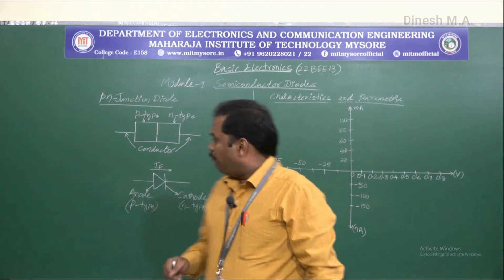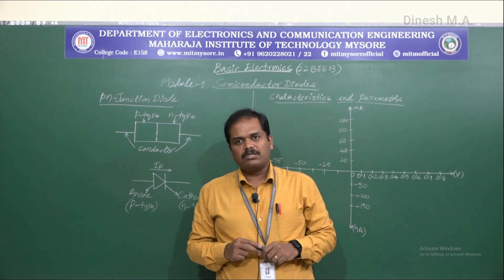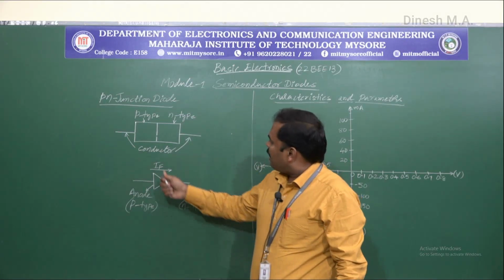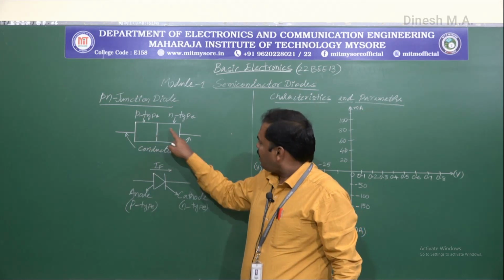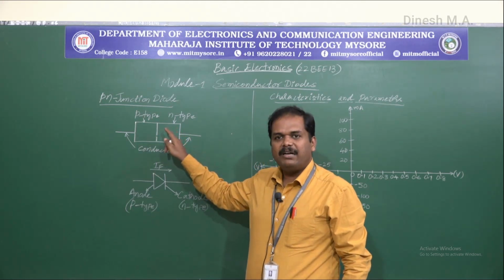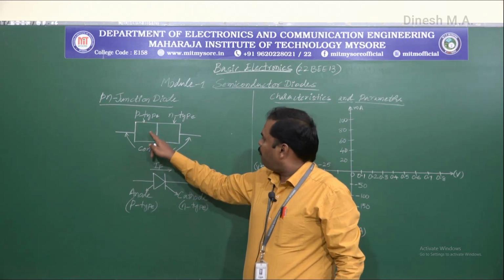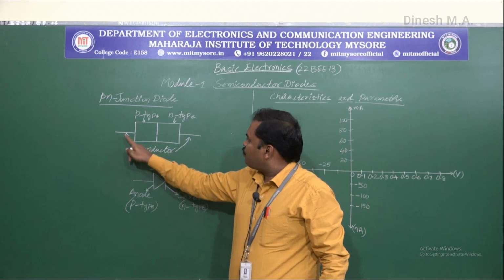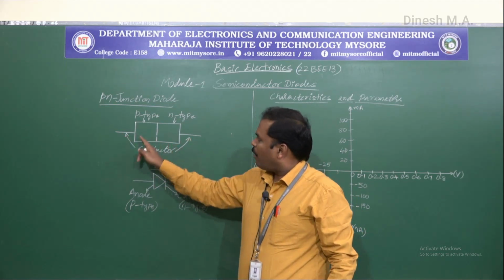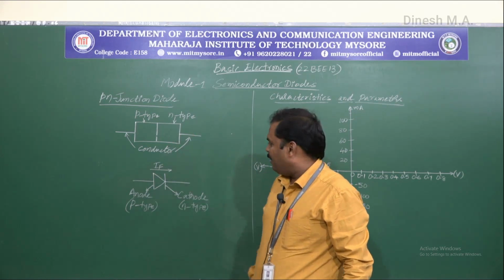Now coming to the PN junction diode, this is how a PN junction diode looks. A PN junction diode will have a P-type semiconductor material next to an N-type semiconductor material, which forms a single junction between the P-type and N-type. You can also see two conductors, one connected at the P-type and the other connected at the N-type.